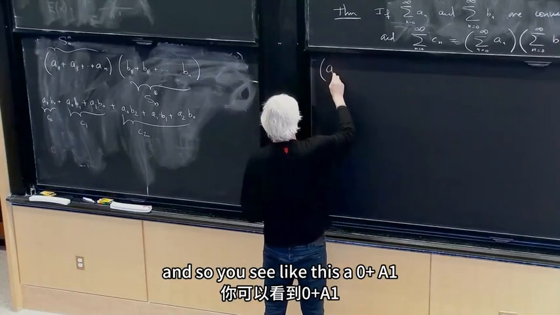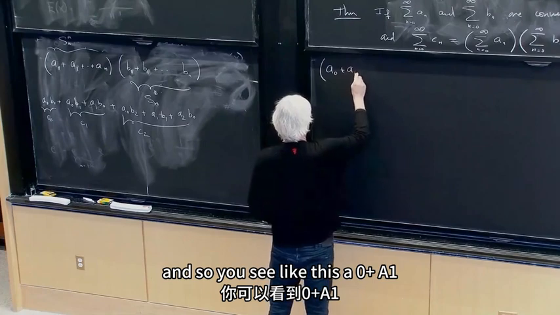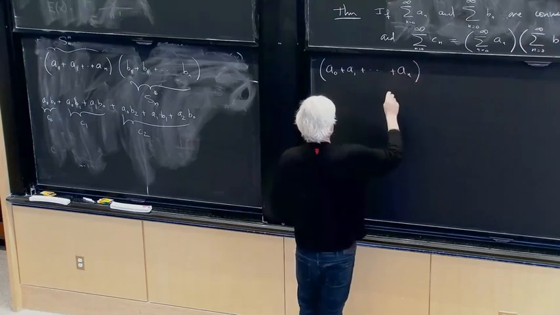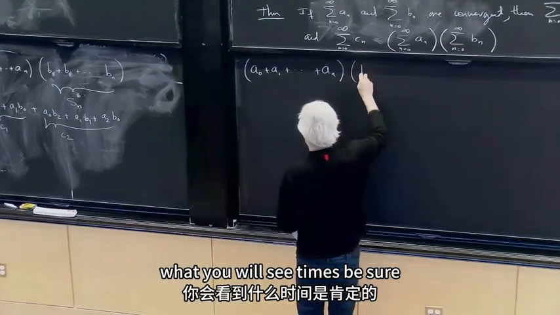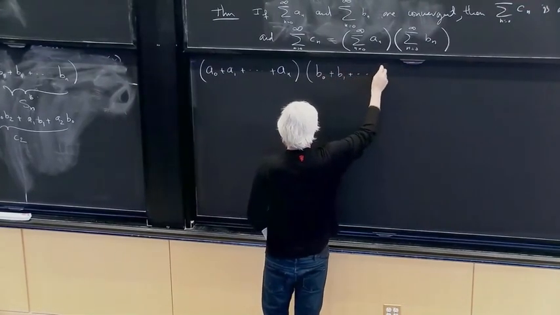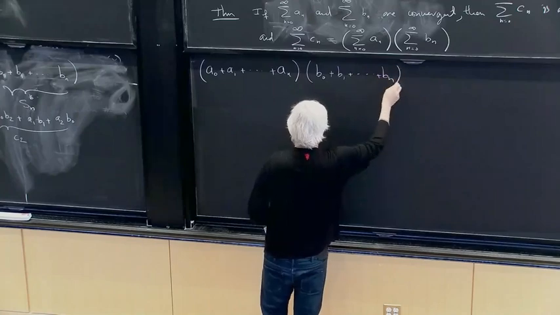So when you do this multiplication, you see A0 plus A1 up to AN times B0, B1 up to BN.